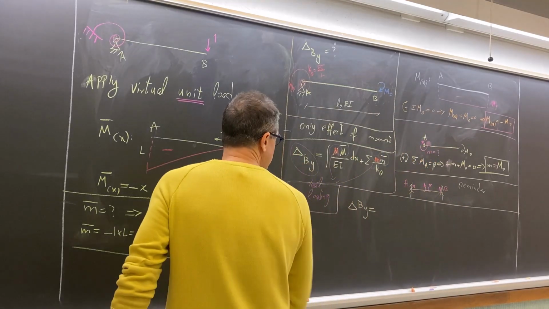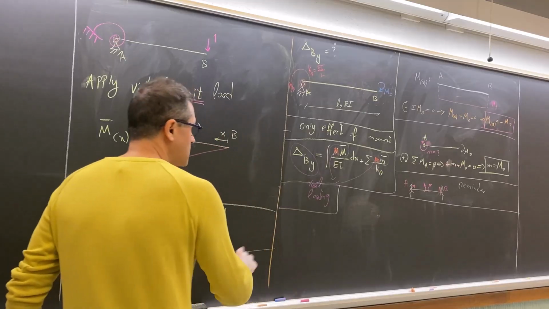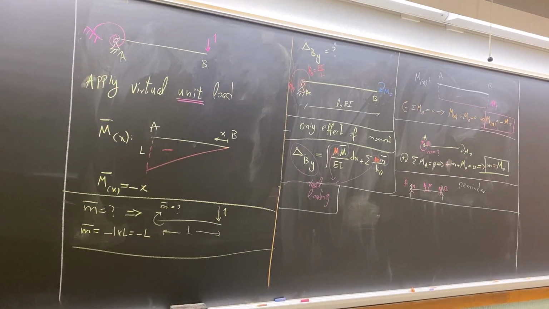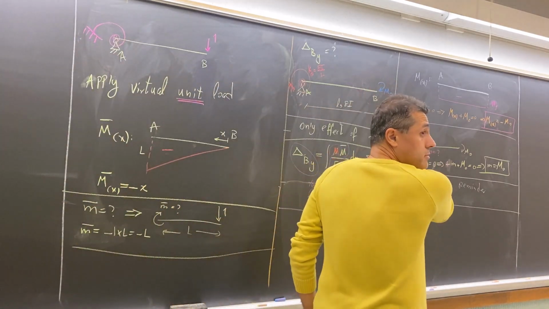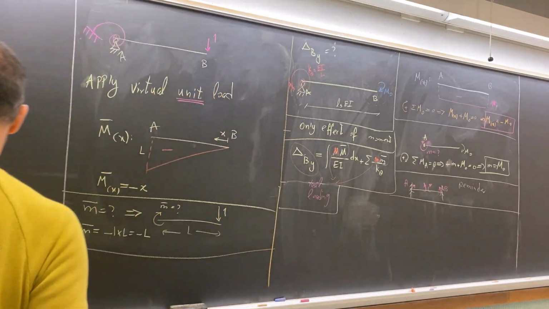So I have to erase the right side. Please take a note because I'm going to erase that part. We need more space. Anyone? I'm going to erase this part. Okay.